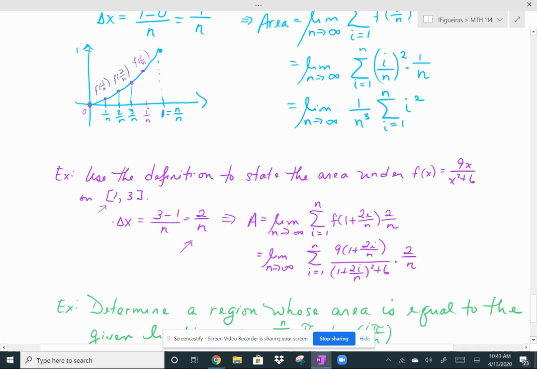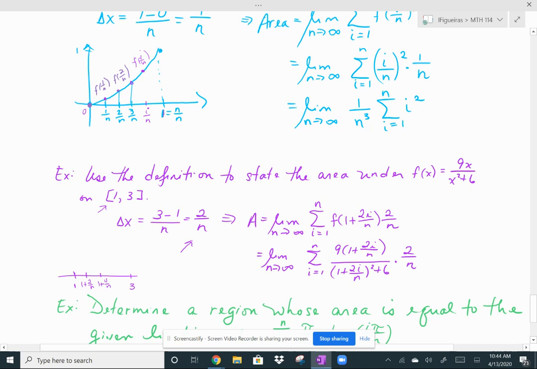So if you were to figure out, I'll just do this with a number line, starting at 1 and ending at 3, whatever your function graph is. Well, the next one is going to be 2 over n units over. So this will be 1 plus 2 over n. And the next one will be 2 over n units more. So this is 1 plus 4 over n. And the next one will be 1 plus 6 over n.